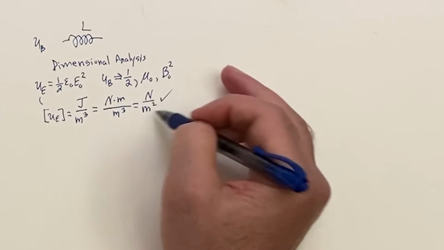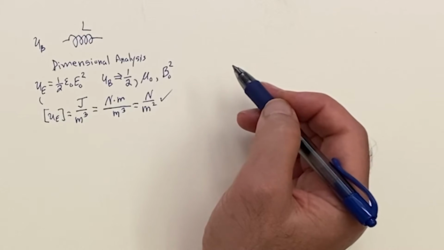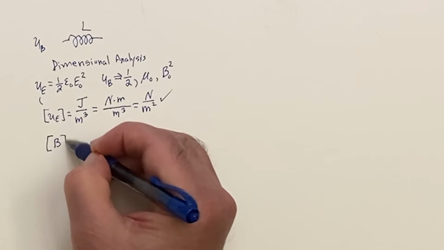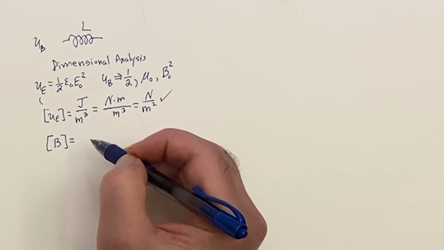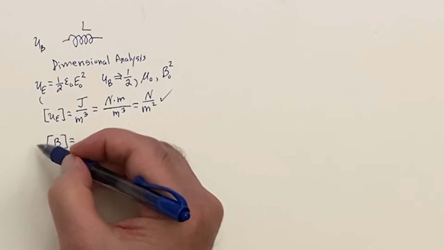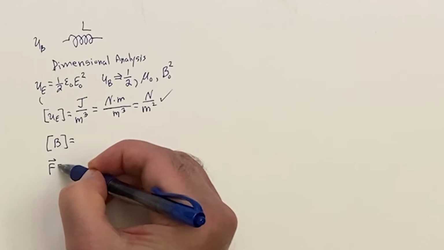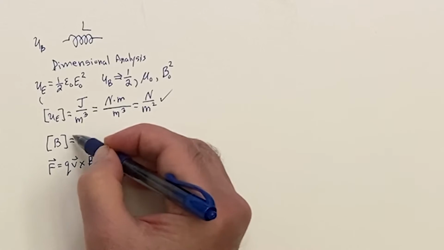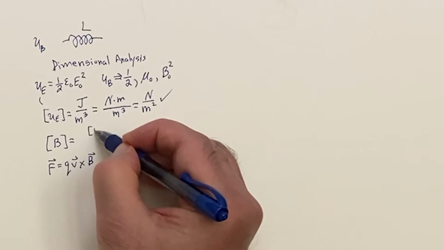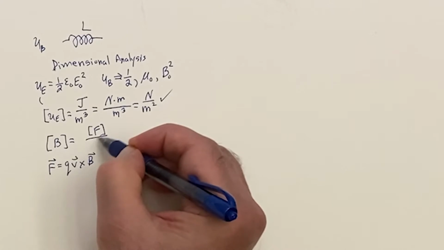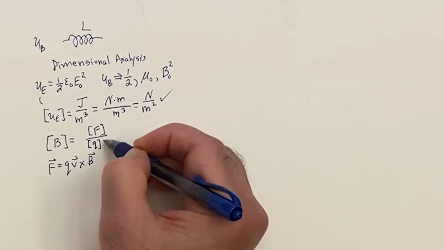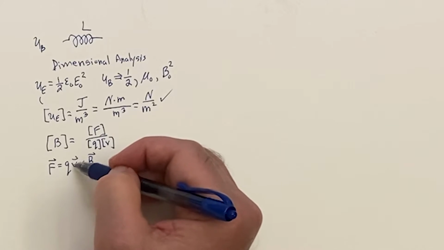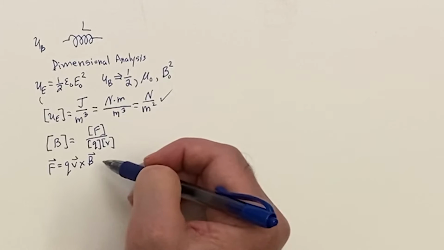That's what I want: Newton per meter squared. So let's start by finding what the dimensions for B are. Now, Tesla and all that can get complicated, but if I remember that the force is Q V cross B, then B has to be the dimensions of force divided by the dimension of charge and the dimension of velocity. Because if you take the charge and the velocity and you divide the units, you've got to get the B.